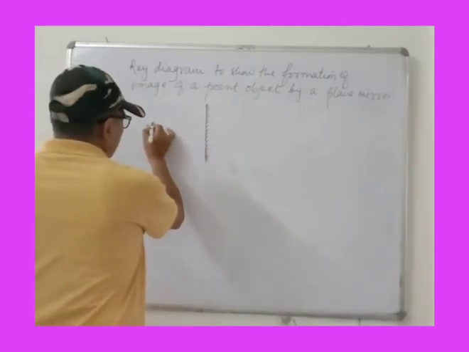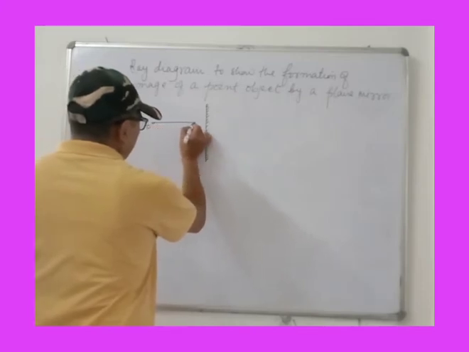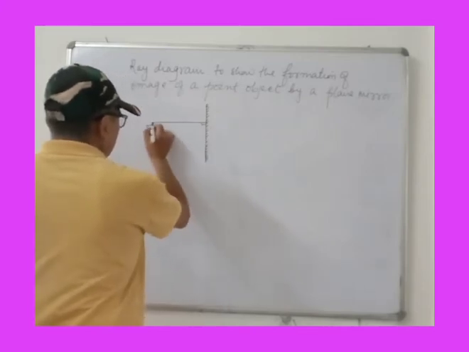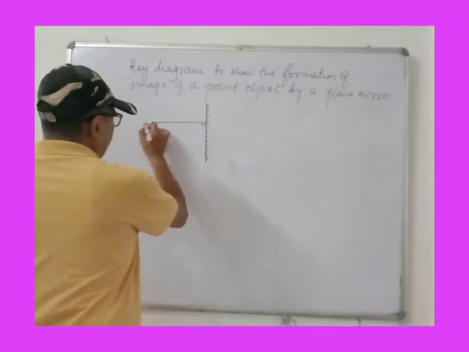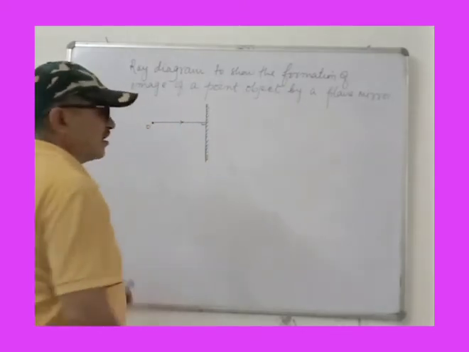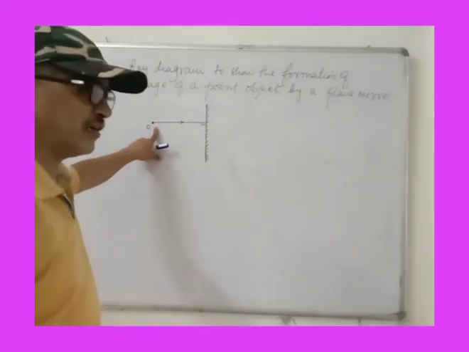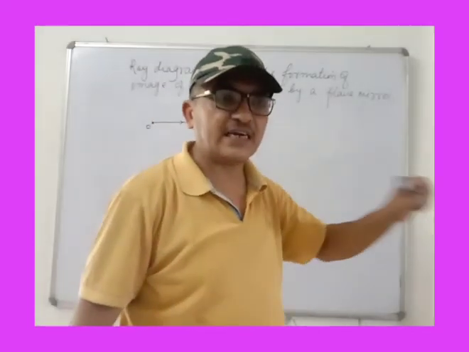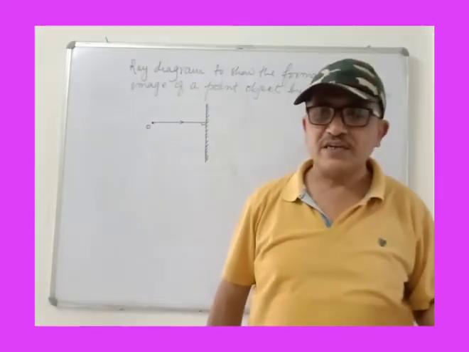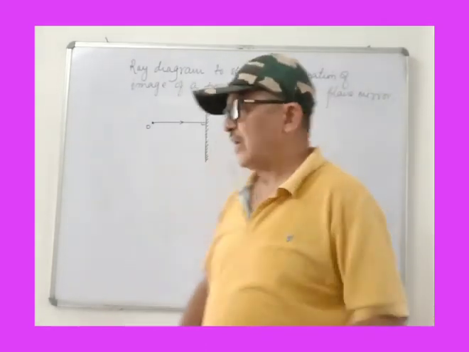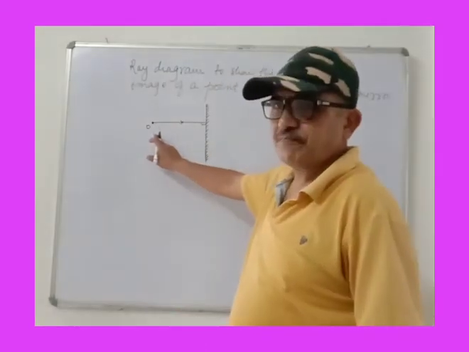So let us draw a straight line, perpendicular line from here. First of all, perpendicular line. And think that this is also a ray of light coming from the object. I have told you earlier, from any object light can come, whether it is luminous body or non-luminous body. I have taken non-luminous body.